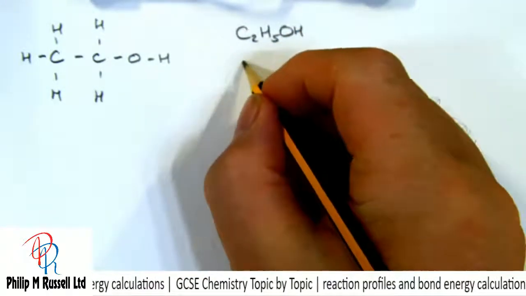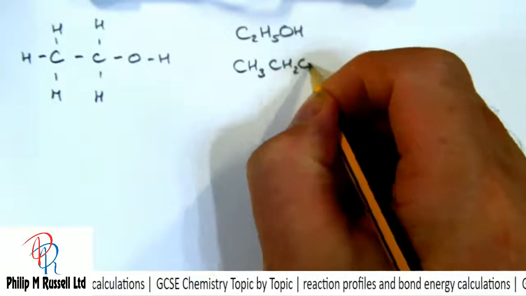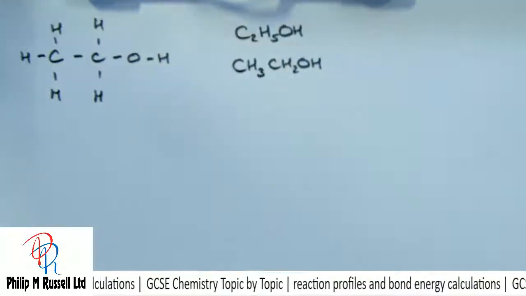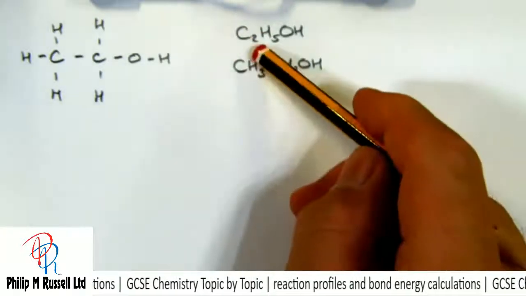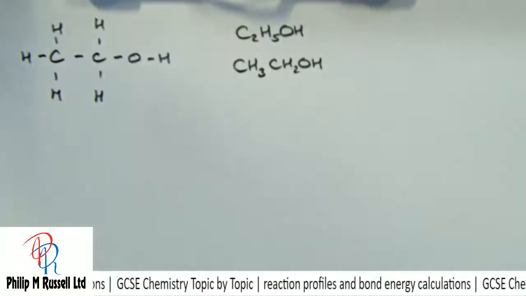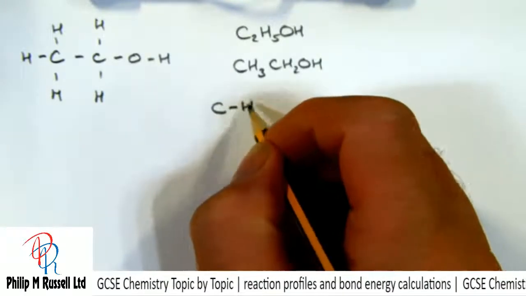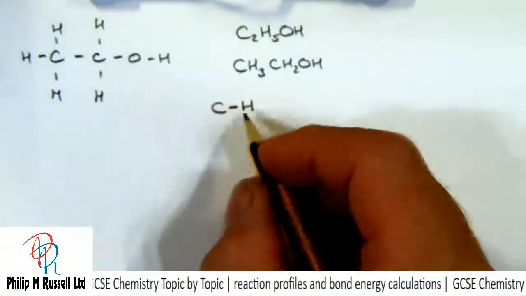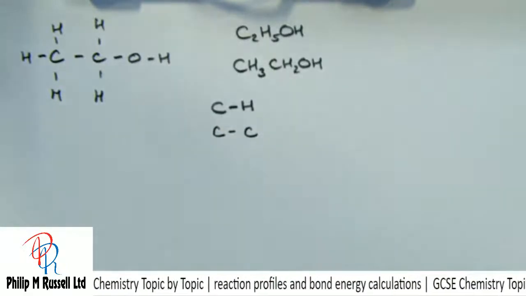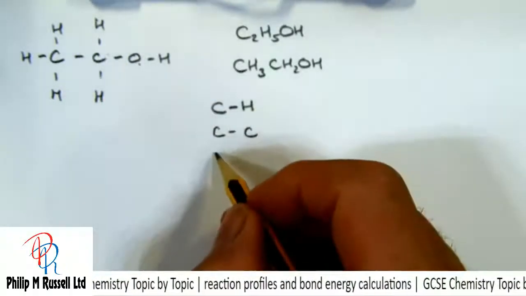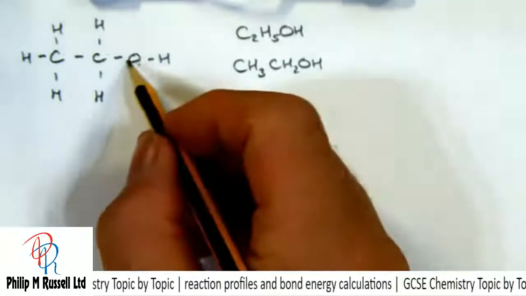Sometimes you might see them write it as CH3CH2OH. But regardless, we've got to try to get this in this form so we can work out how many carbon hydrogen bonds we've got, how many carbon bonds we've got, how many carbon oxygen bonds we've got, and how many oxygen hydrogen bonds we've got.